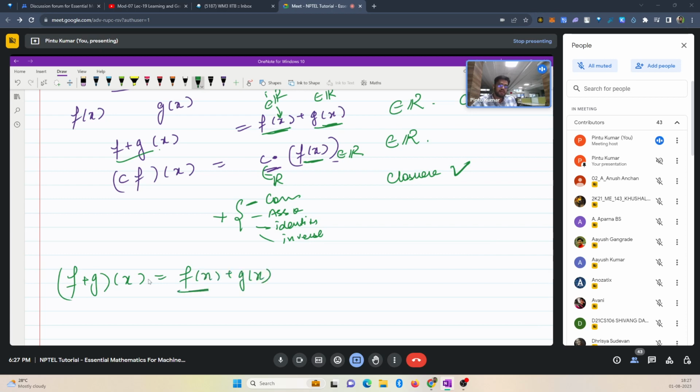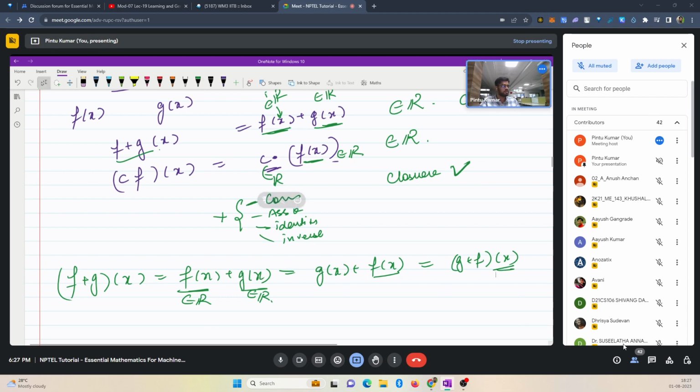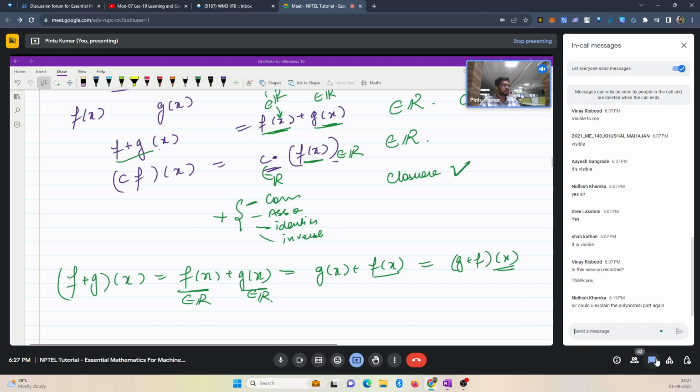These are elements of R, real numbers, and real numbers are commutative, so we can write it as g of x plus f of x, which is (g plus f) of x. So this is obviously commutative. Similarly, you can also show that it is associative.